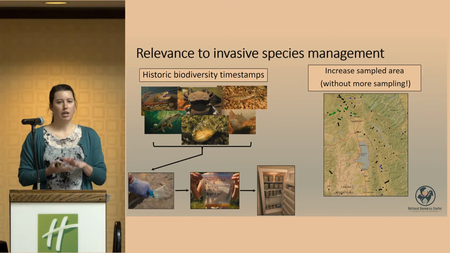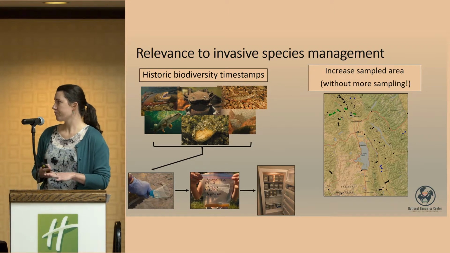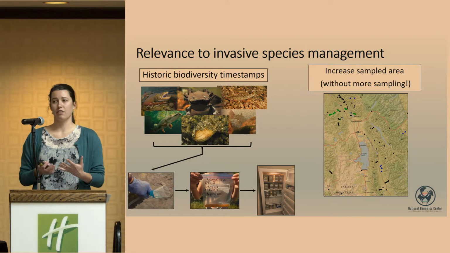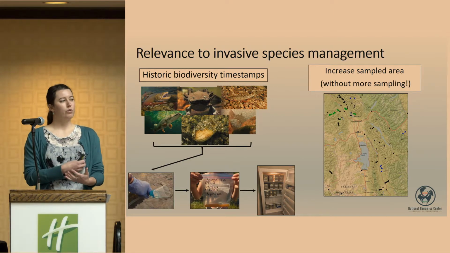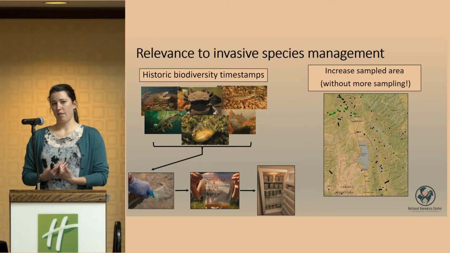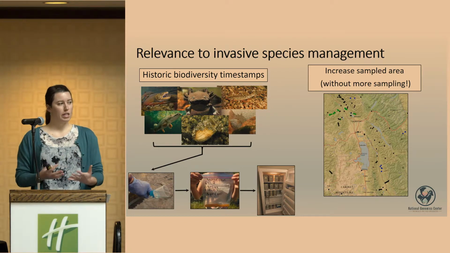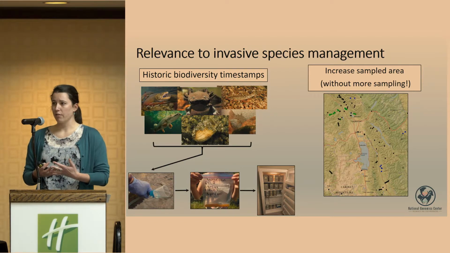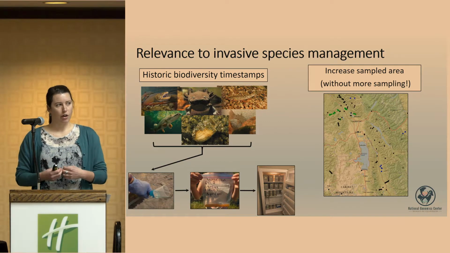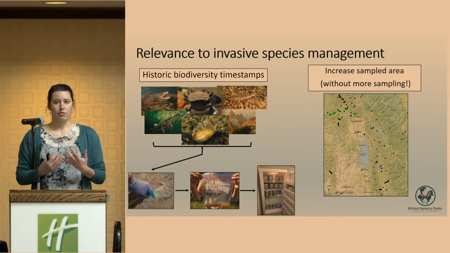of historic biodiversity timestamps. Additionally, another use of the atlas, like I've talked about, is you can view where and when all the other samples have been collected. So there's this potential for you to increase your sampling effort or area without actually going out and collecting any more samples yourself.